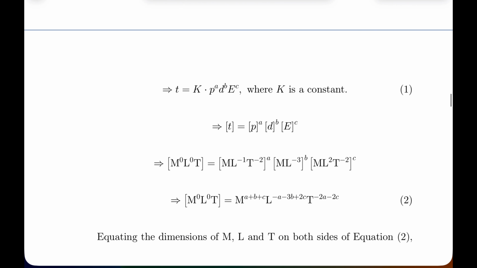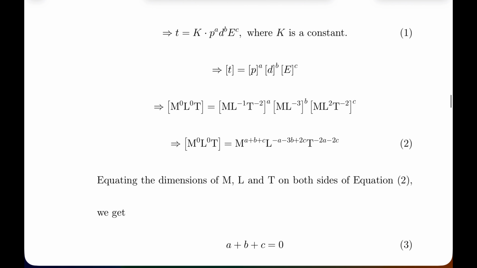So T is equal to K times P to the power a, D to the power b, E to the power c, where K is a constant. We put different quantities in square brackets here. K is a dimensionless constant. So put dimensions of the different quantities appearing here in this equation. For T, we write M to the power 0, L to the power 0, T. For pressure, the dimension is M L to the power minus 1, T to the power minus 2, and the power is a here.